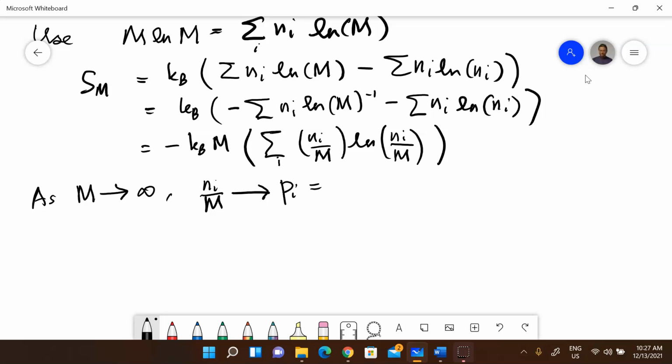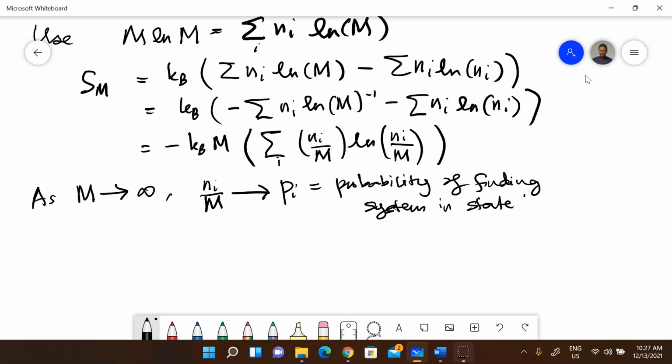So this gives you the probability of finding the system in state psi.